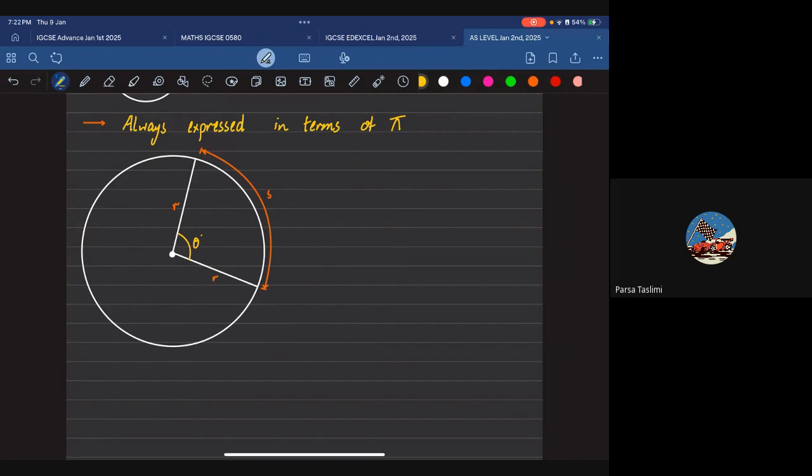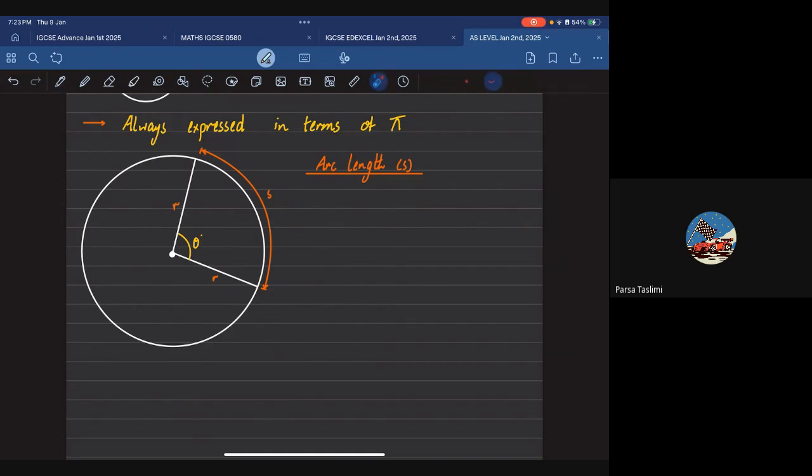When I want to find the arc length, denoted by a lowercase s, what is the formula we knew from IGCSE for the arc length of a circle?